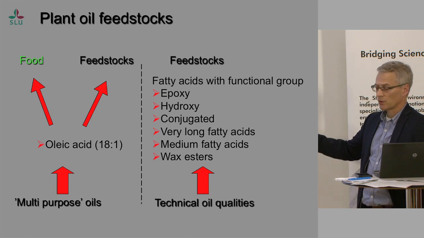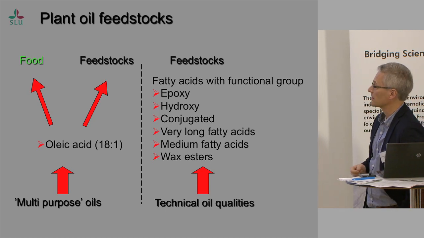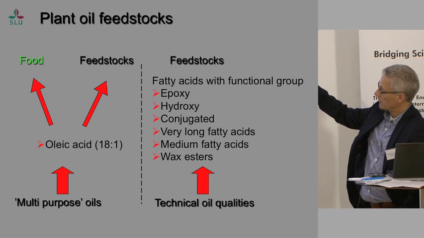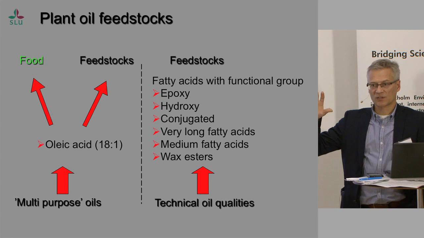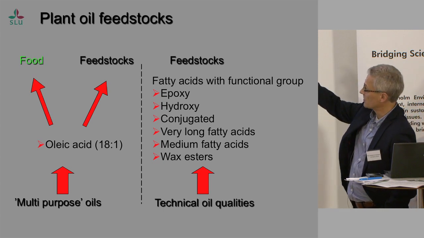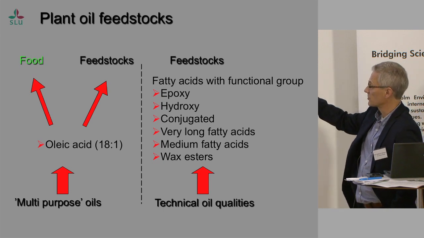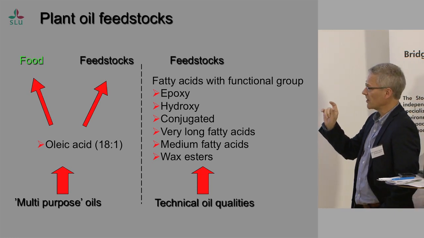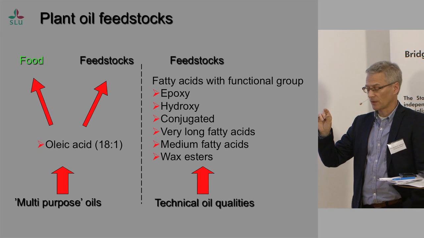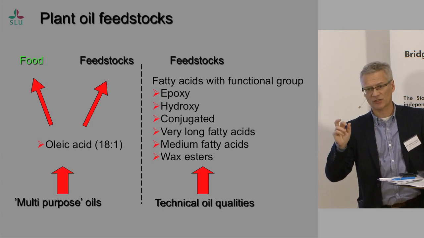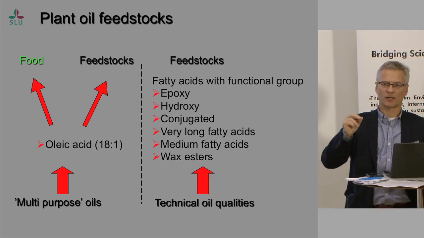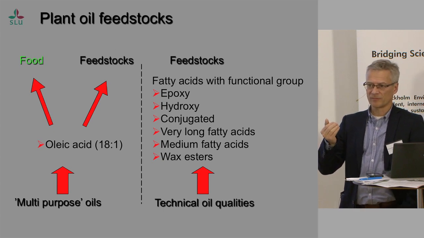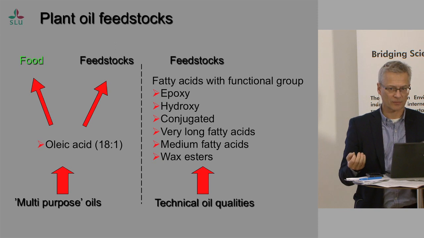Then we have what we can call technical oil qualities. These are oils that contain fatty acids with, as we said, functional groups. You have these functional groups: epoxy, hydroxy, conjugated, and so on. These are fatty acids with a molecular structure that doesn't necessarily make them poison, but some of them you don't feel good if you eat them.